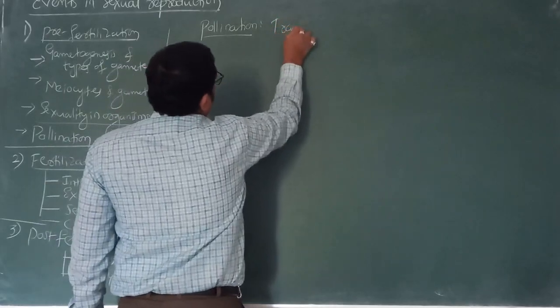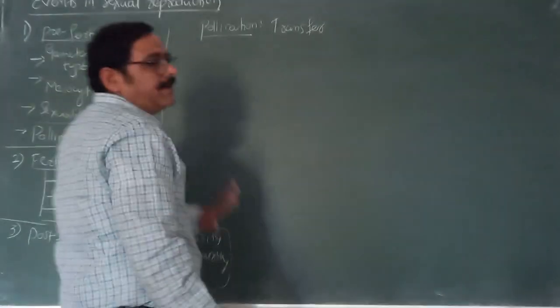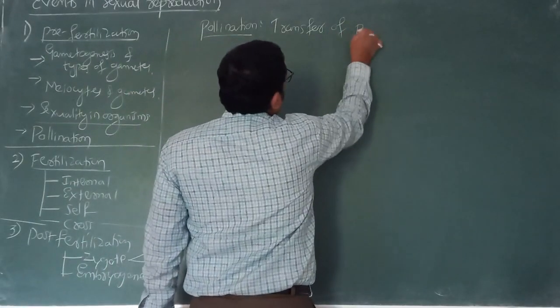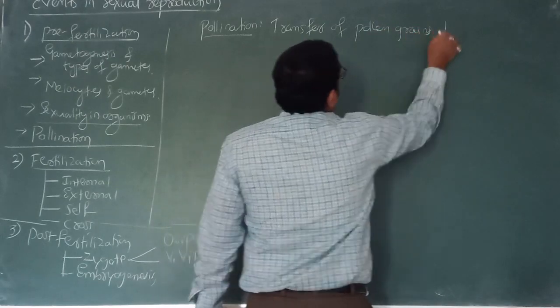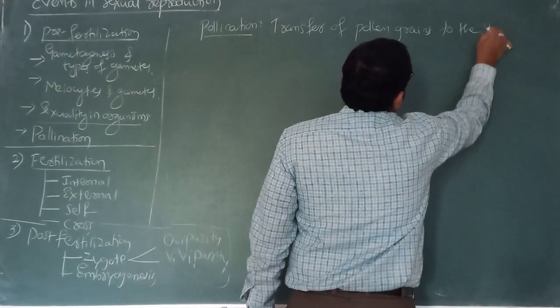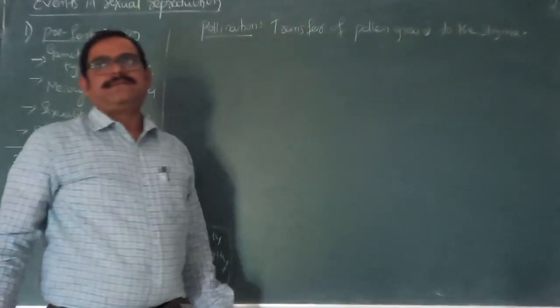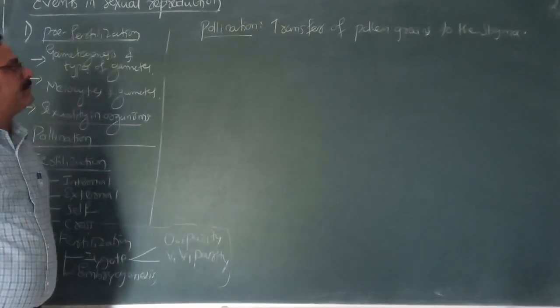Because all these mechanisms happen before fertilization only, pollination is the transfer of pollen grains to the stigma of the female gynoecium structure.